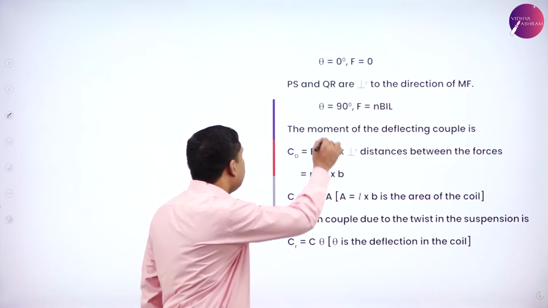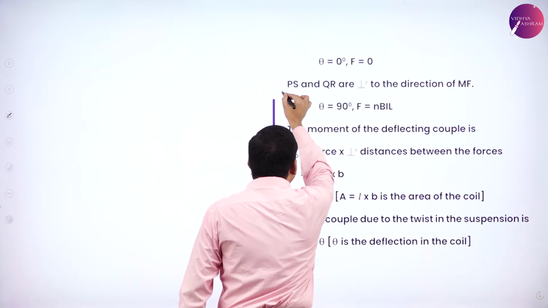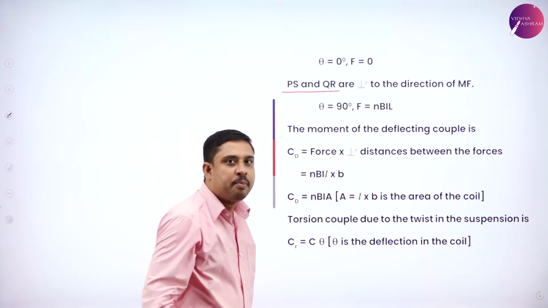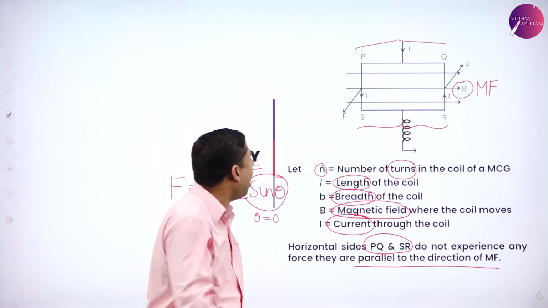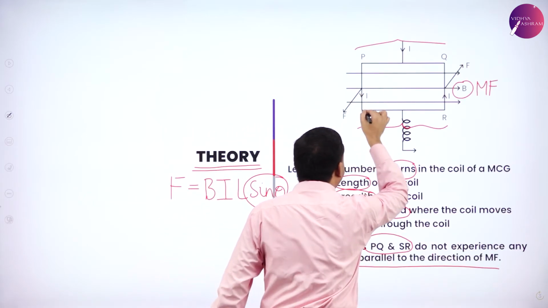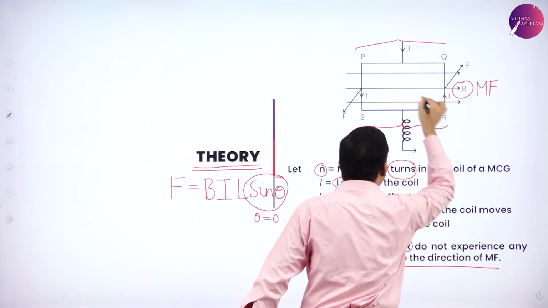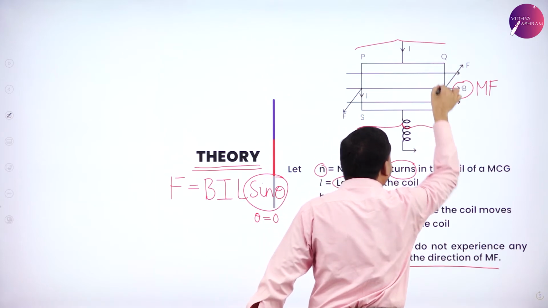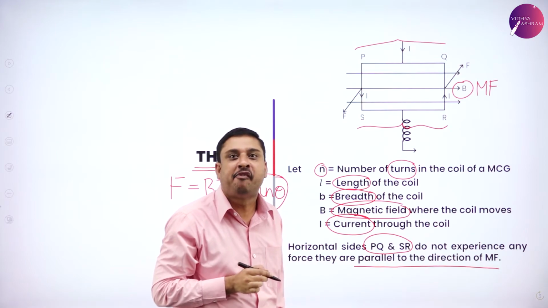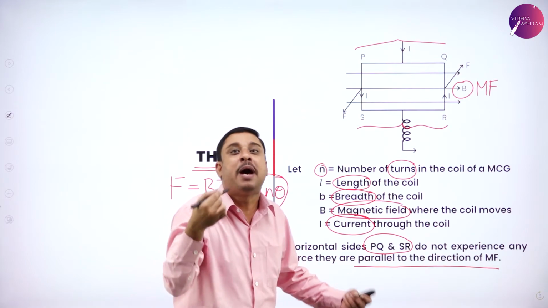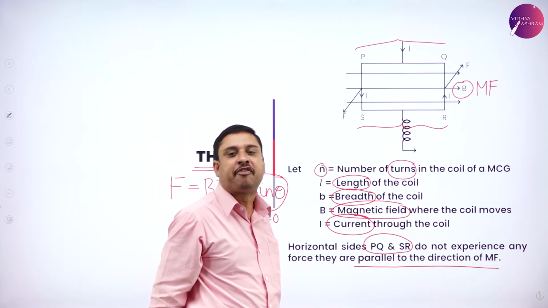Now, the vertical sides PS and QR, these are the vertical sides. They should experience some force. Why? They are perpendicular to the magnetic field.